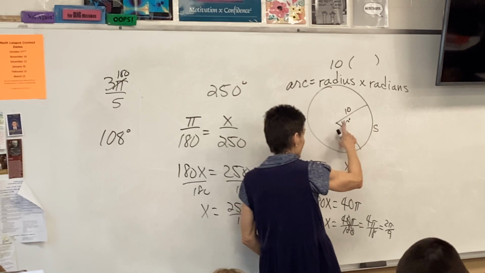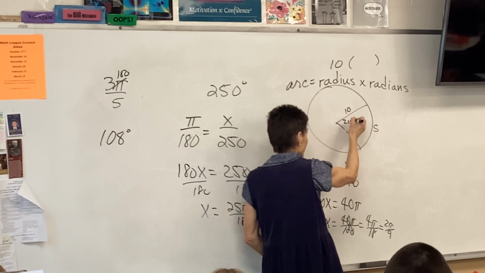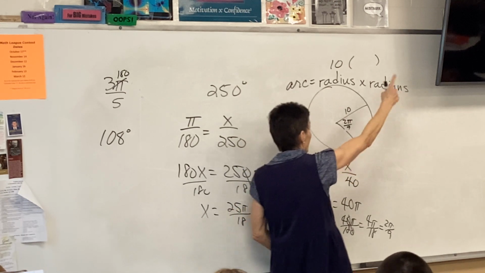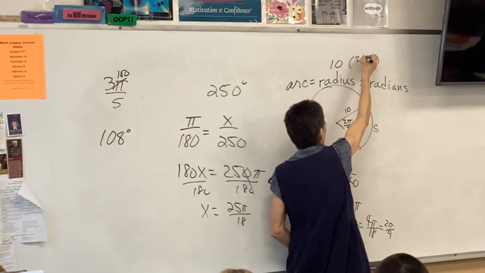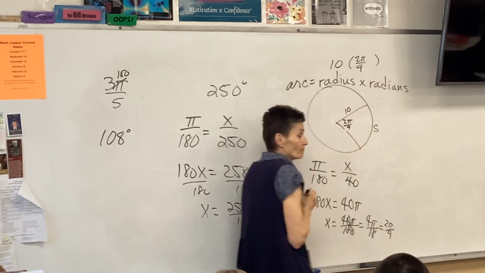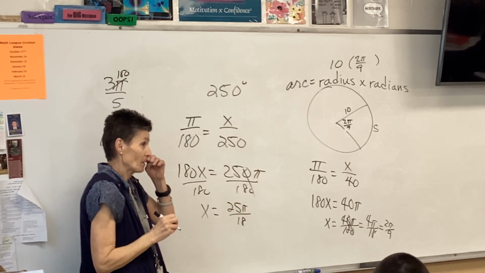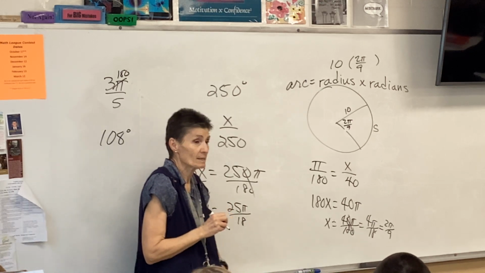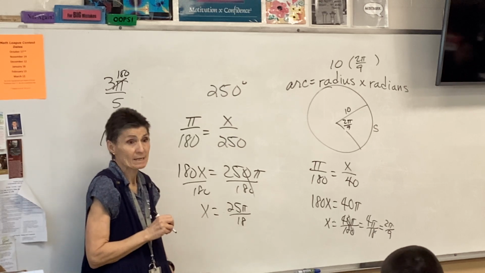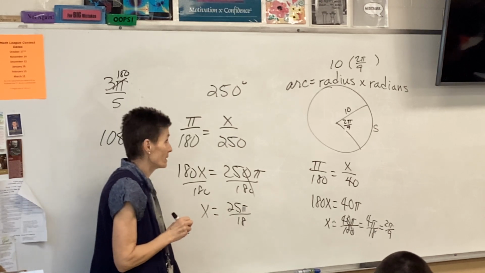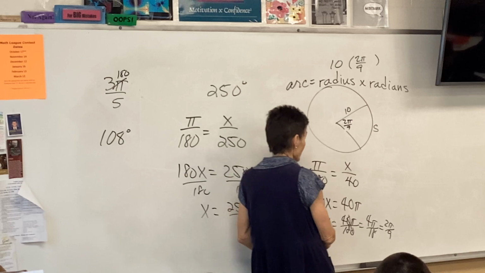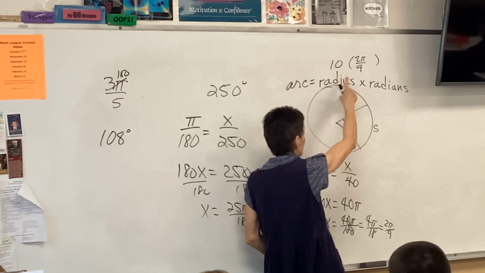To make this a radian so that I can use it in my formula. Because my formula says I have to take the radius times the radian measure of the angle. So I needed to find the radian measure of the angle, and then radius times that.